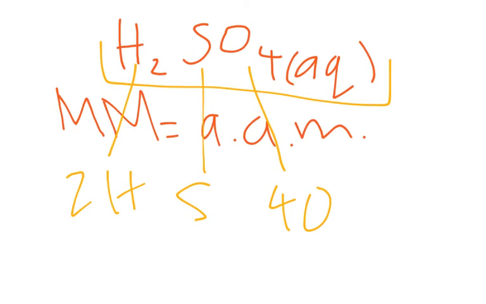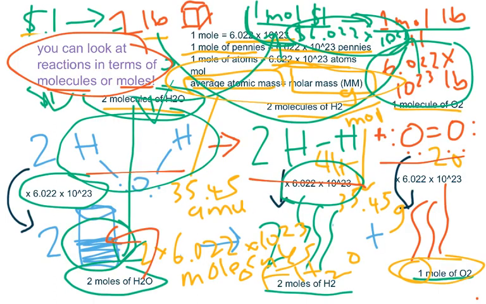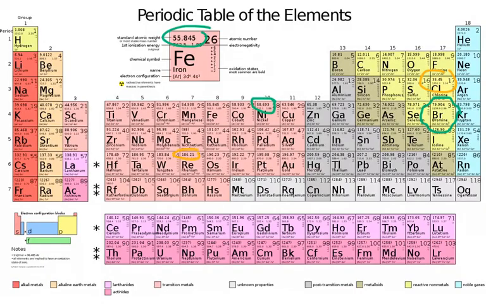So let's look at our periodic table and find out what the average atomic masses for these are. H will be 1.01. I'm going to round to the hundredths place, since in my chemistry class, we typically use periodic tables that have masses to the hundredths place and not the thousandths place as we see here.